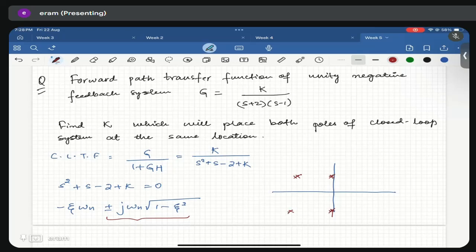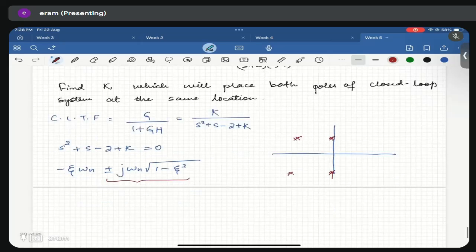They will not lie at the same location. We need to ensure the poles are at the same location, right? So if we make this term 0, then both the poles will be at minus zeta omega n. Correct?